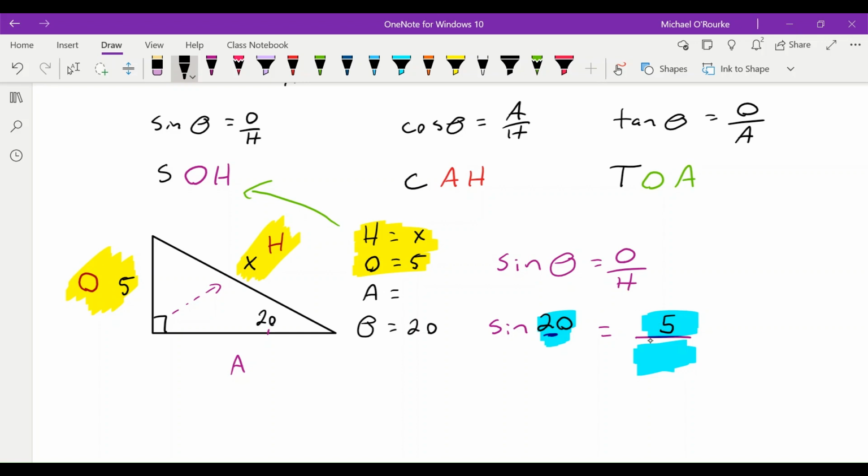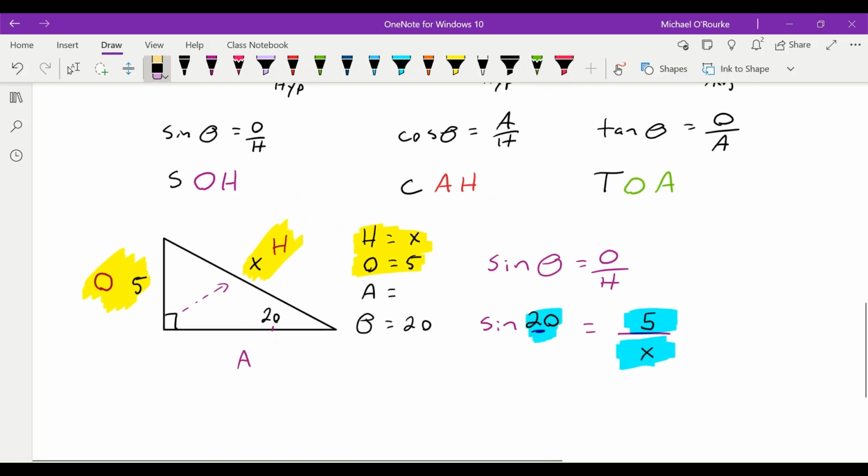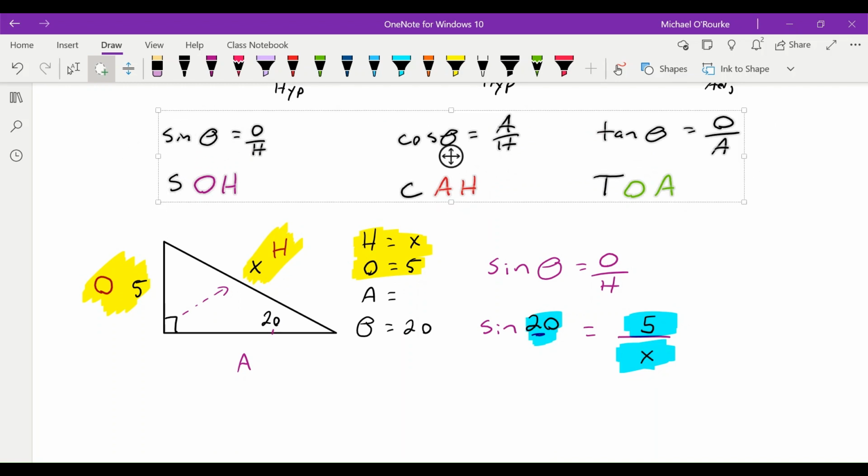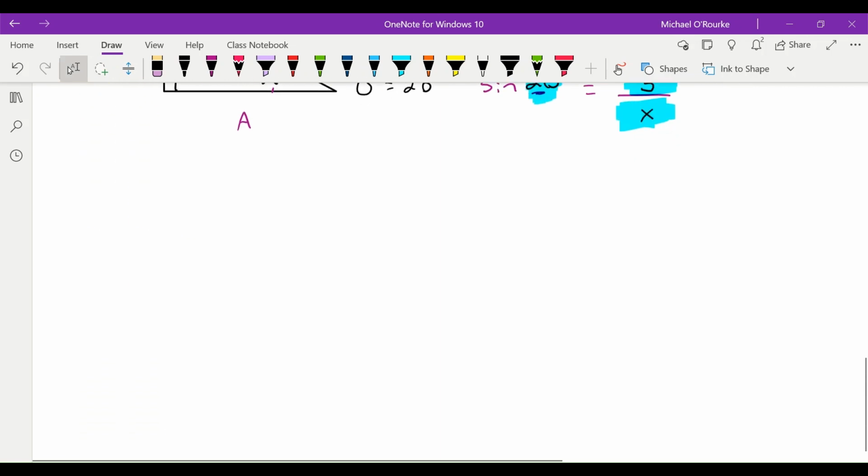And H is on the bottom, so that's X. That's the end goal I'm looking at. This sets us up so that in the future we can answer those questions. The most important part is we know how to label it, and we know how to figure out which ratio we're going to use. Once we do that, we're in the clear. So I'm going to copy that and put it right here.